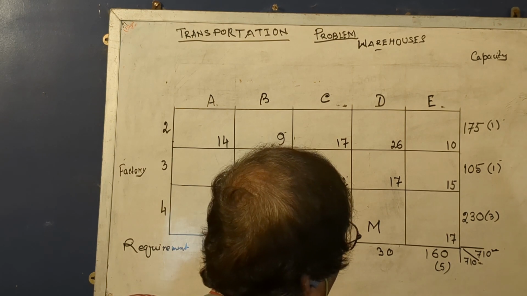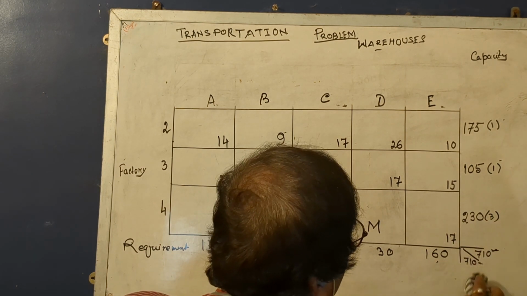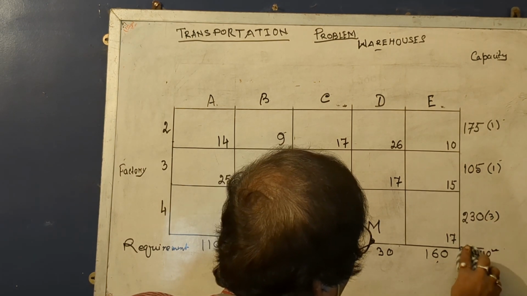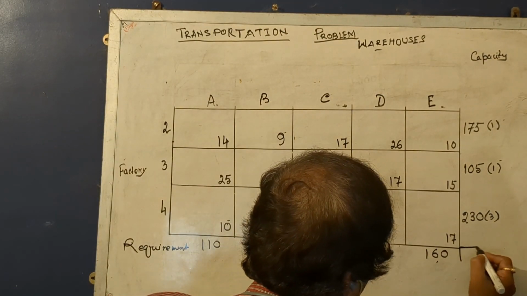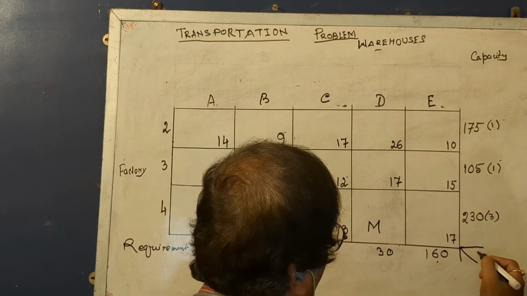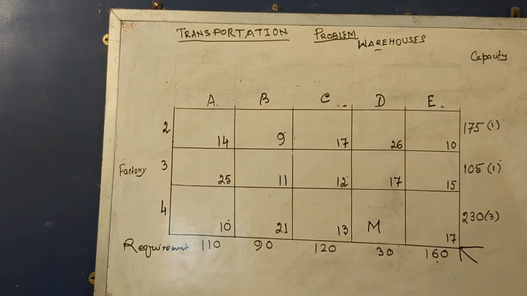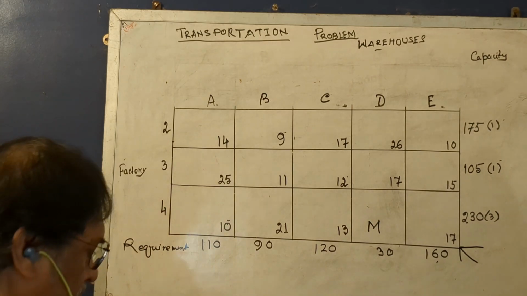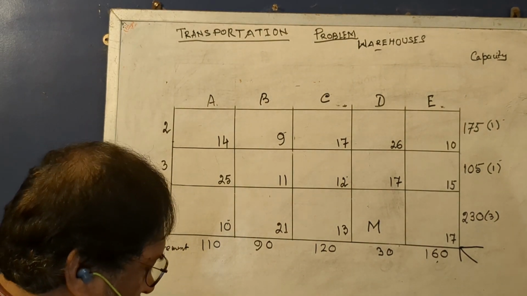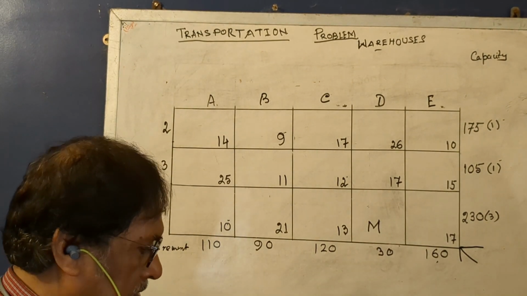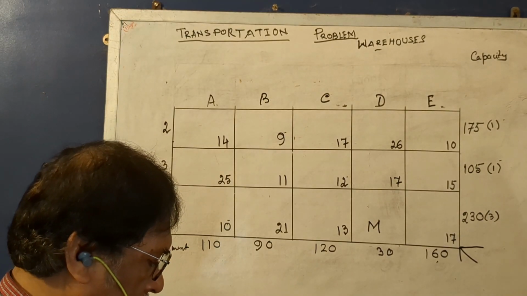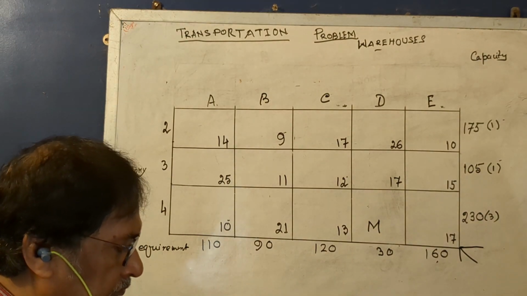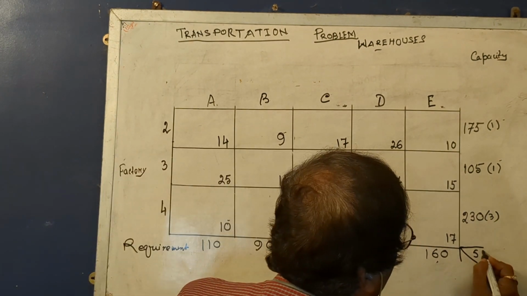Okay? And you can always check it, both sides will be the same. If you add and check it, then again you will find your capacity and requirement will be the same. Though it is not required to check, for better control you can check it. 175 plus 105 plus 230 is equal to 510.